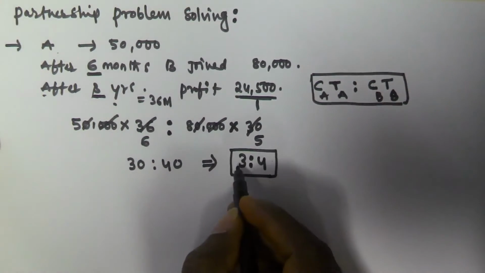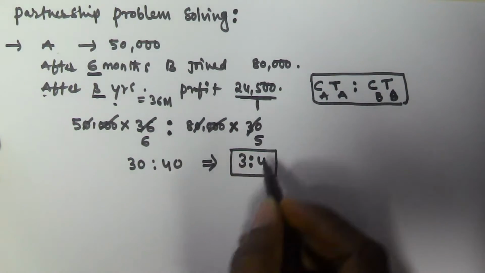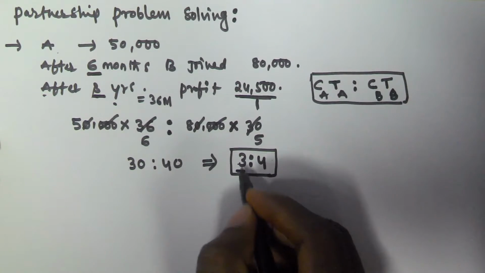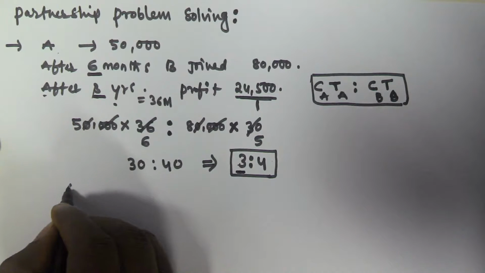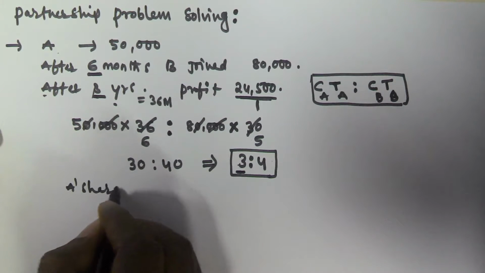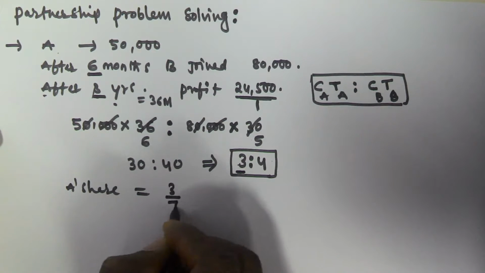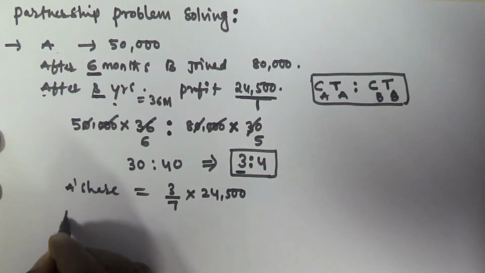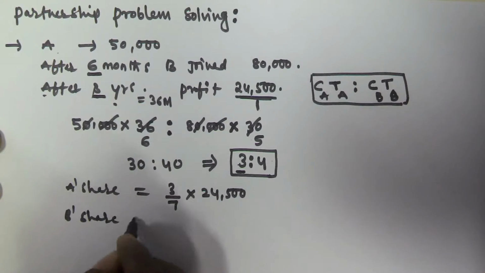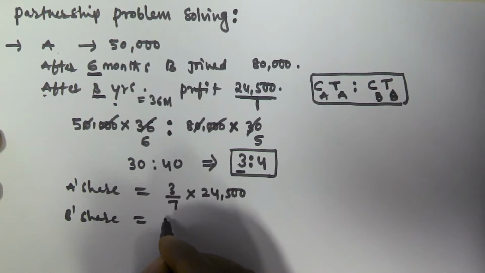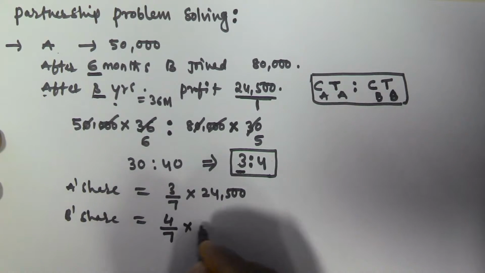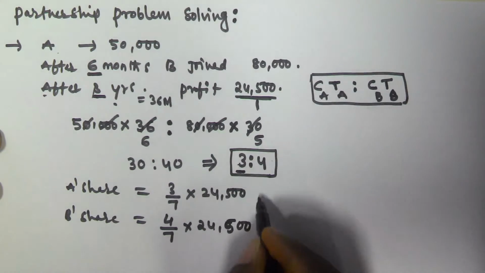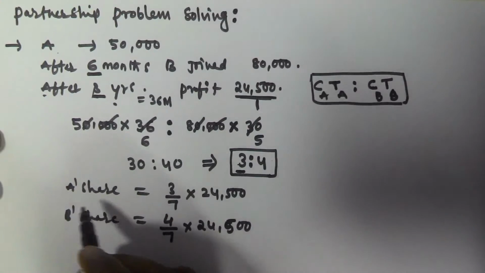If we divide the profit into 7 parts, 3 plus 4, then A got 3 parts out of 7. So A's share is 3 by 7 into 24,500, and B's profit share is 4 by 7 into 24,500. Whatever value we get is the share of A and B.